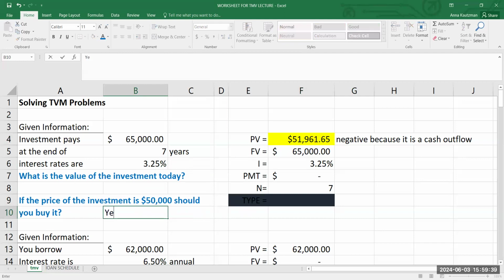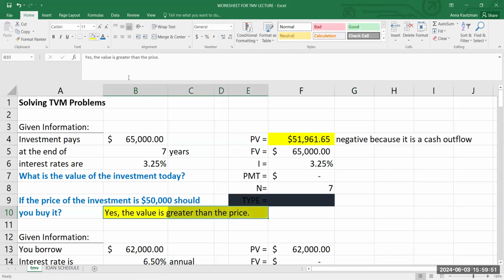Should you buy it? Yes. The value is greater than the price. And then highlight that because that's the answer to the second part of the question. Okay. This is solving time value of money problems.